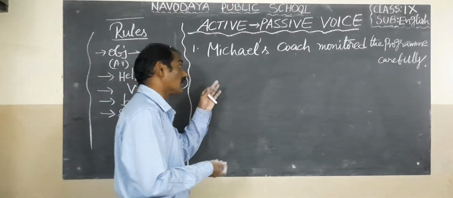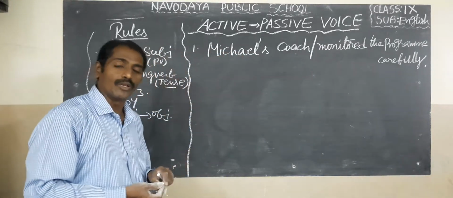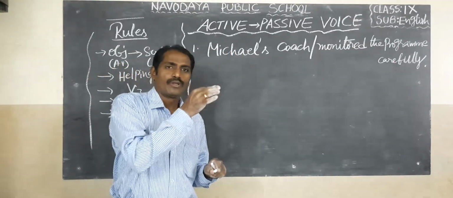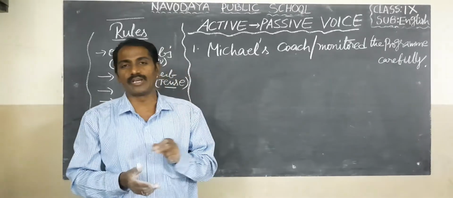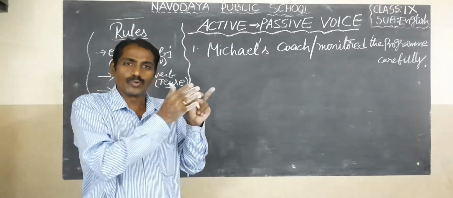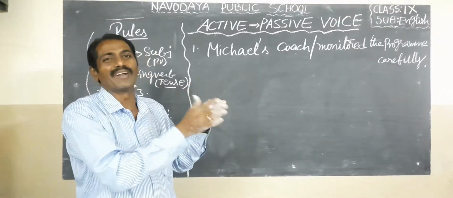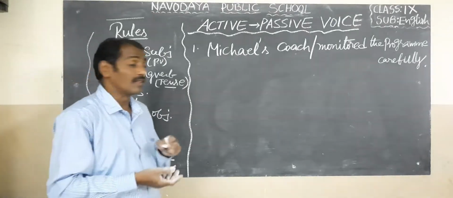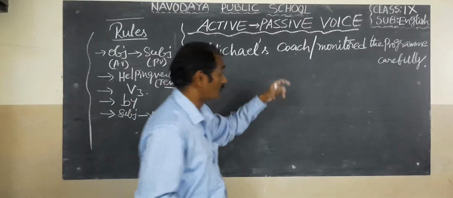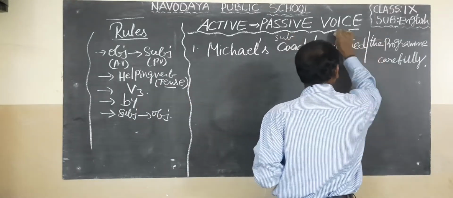Here the subject is Michael's coach. When we change from active voice to passive voice, first we have to divide the sentence into subject, verb and object. It is very easy. Michael's coach is the subject. Monitored is the verb.